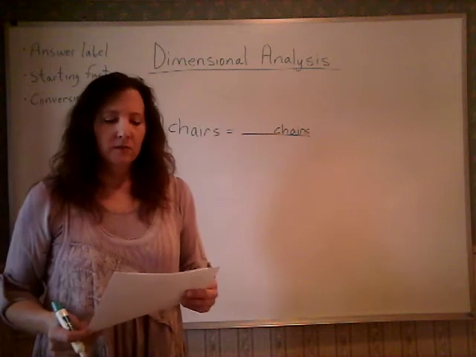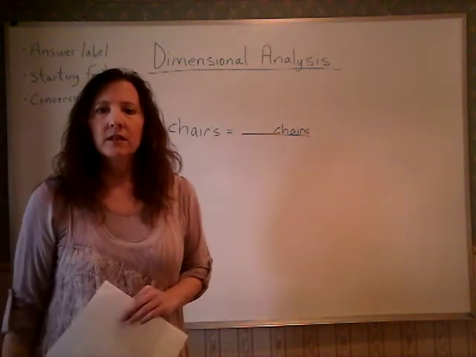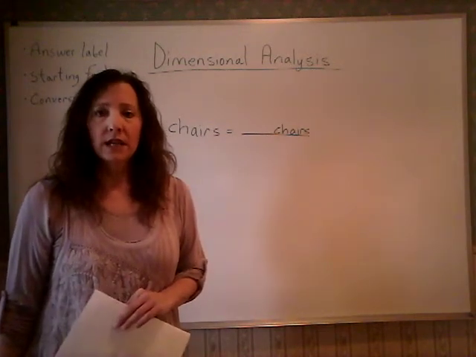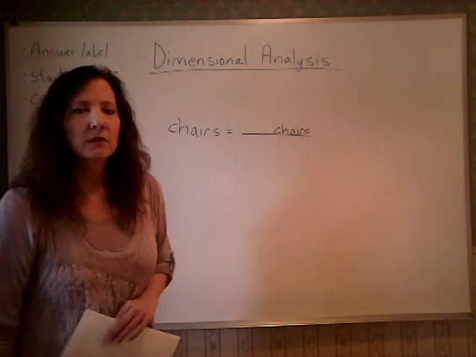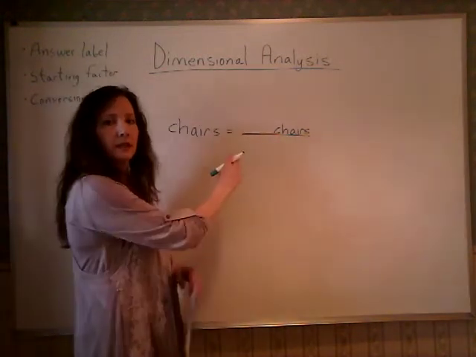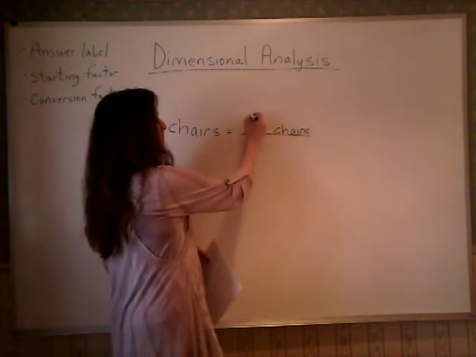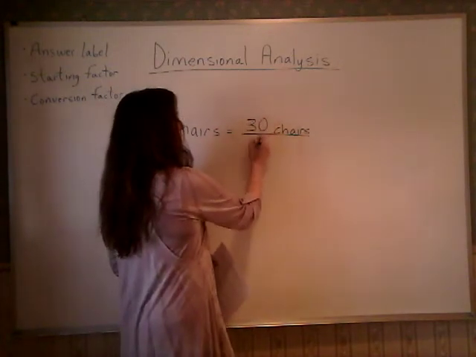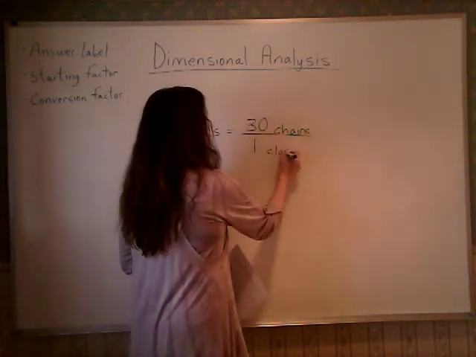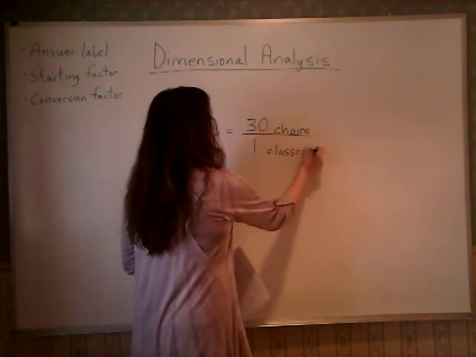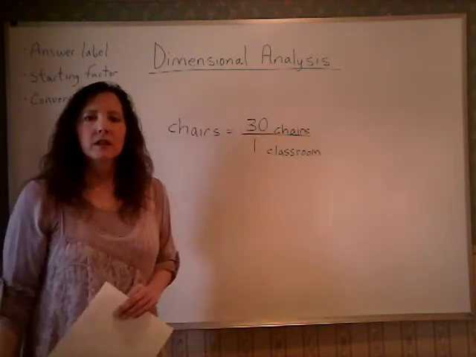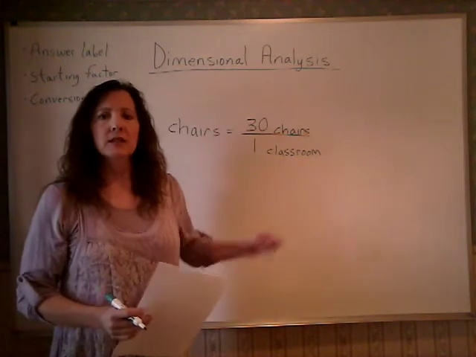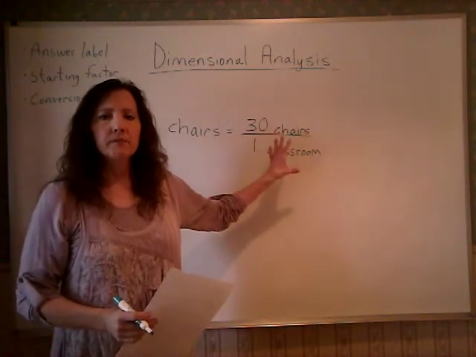In our problem, it says that there are 30 chairs in each classroom. So we fill that relationship right here in our starting factor. "30 chairs per classroom" is our relationship.